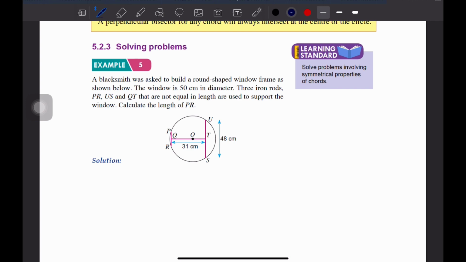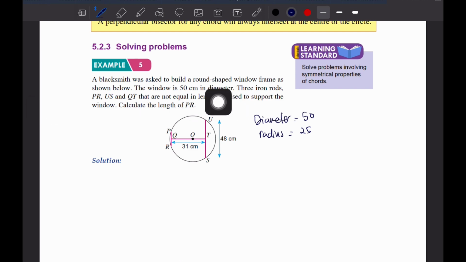What is a blacksmith? A blacksmith is actually like a tukang besi. A blacksmith was asked to build a round-shaped window frame as shown below. The window is 50 centimeter in diameter. So diameter is 50. What is the radius? The radius is half of the diameter, so 25.